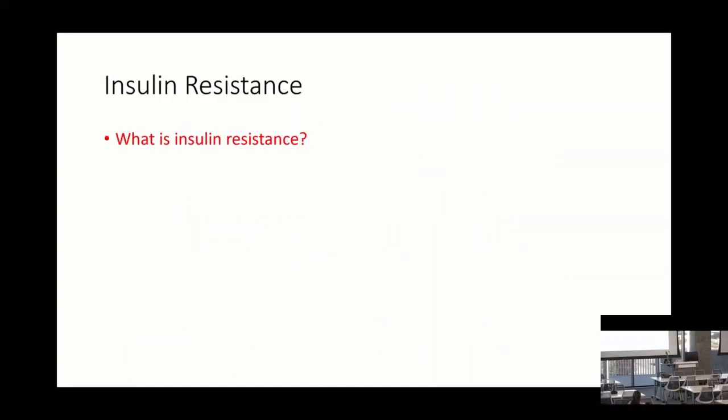What is insulin resistance? Say that again. Okay. I mean, that's the opposite of resistance, sensitive. So, yeah, but that is correct. And what does that imply? The what? Okay, downregulation of receptors.